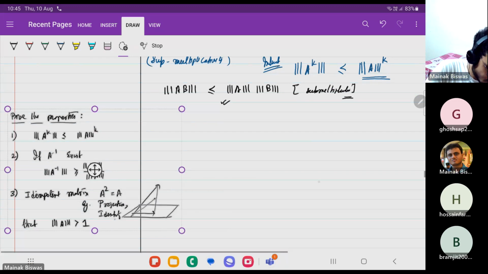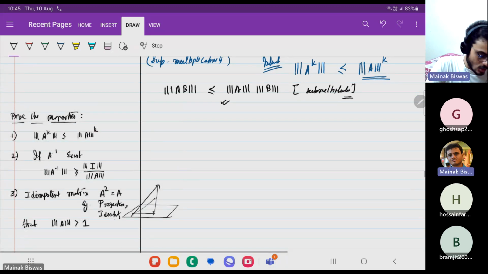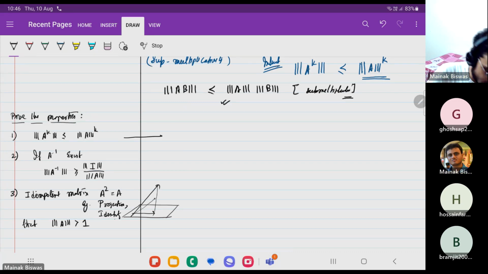Okay. So let's prove this property. The first property I'll be proving is that the norm of A to the power k is less than or equal to this. How will I prove this? Can you tell me? What will I use? Of course, A has to be a square matrix over here. We need to multiply it. Correct.